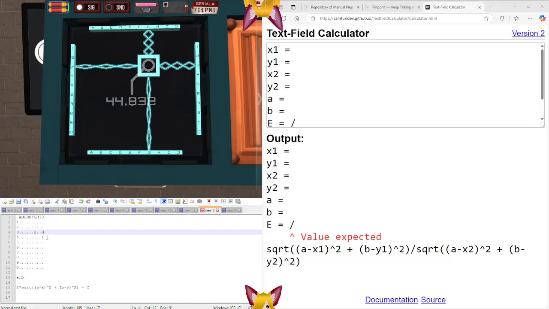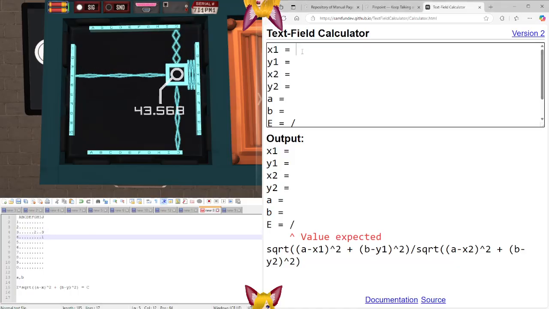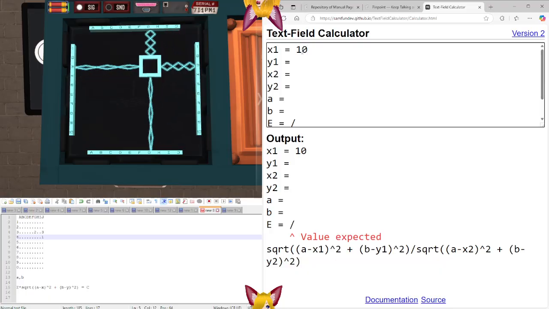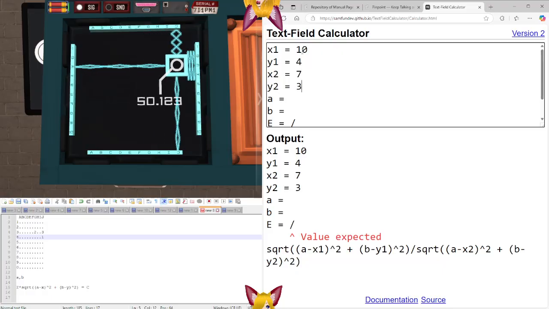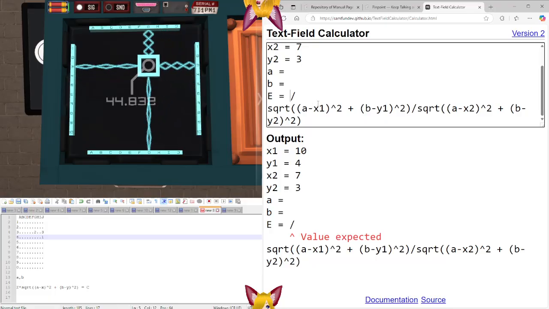So let's pick our coordinates. Let's go with these two so we're not just focusing on two next to each other. So J4 or 10-4. And then G3, 7-3. The ratio of those is 43.